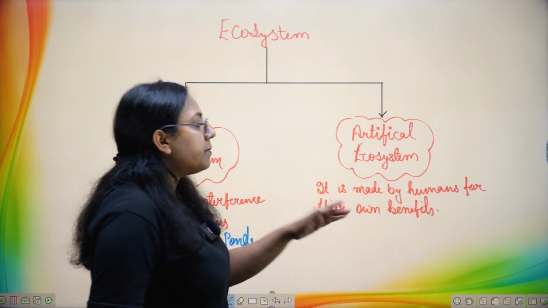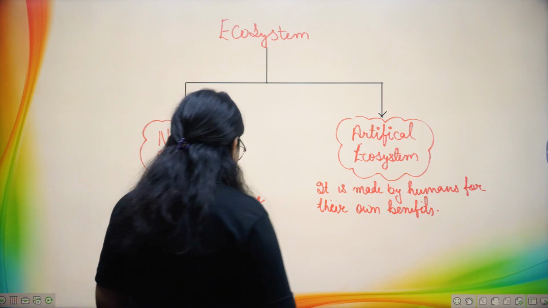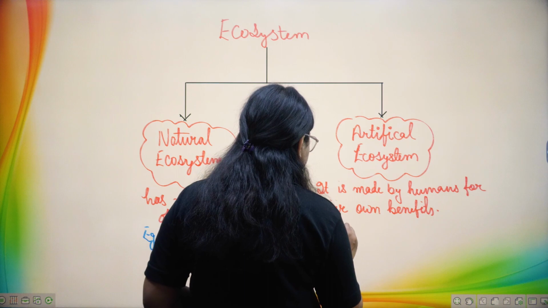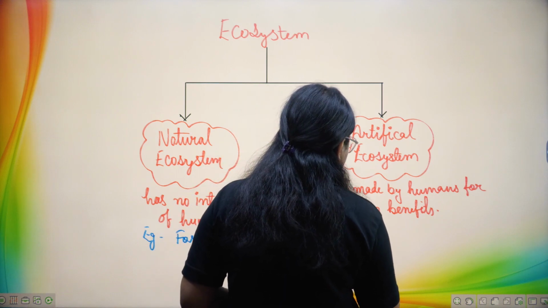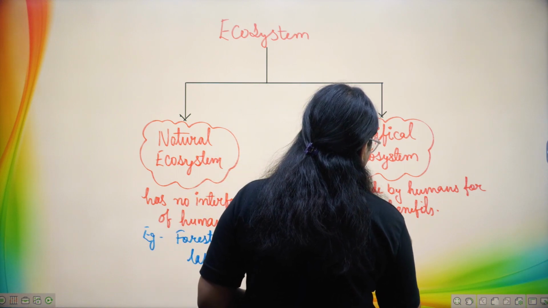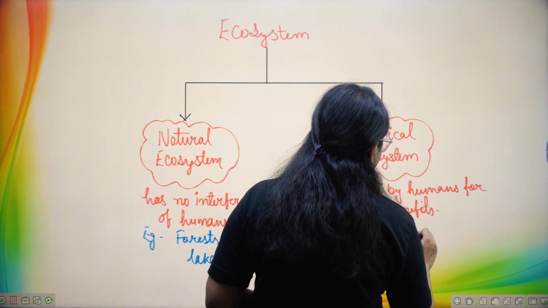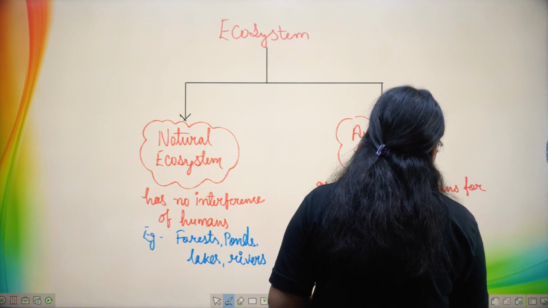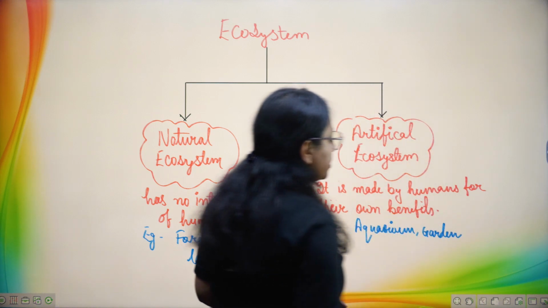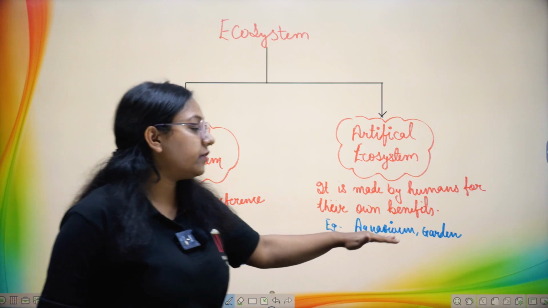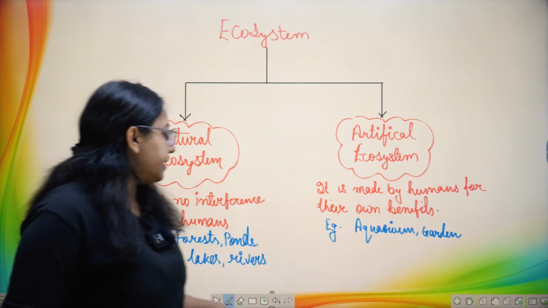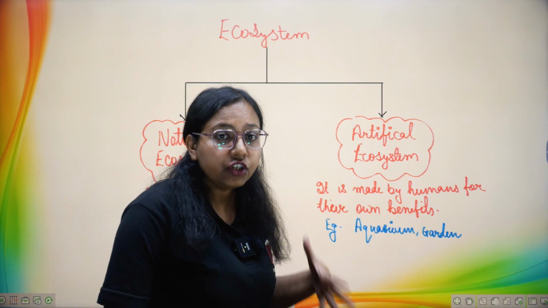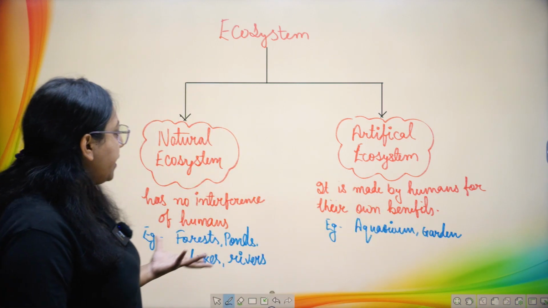For example, an aquarium. Maybe you must have seen a garden. Any garden is an ecosystem made by humans. The whole credit will go to humans, right? People have made this just for their benefits.